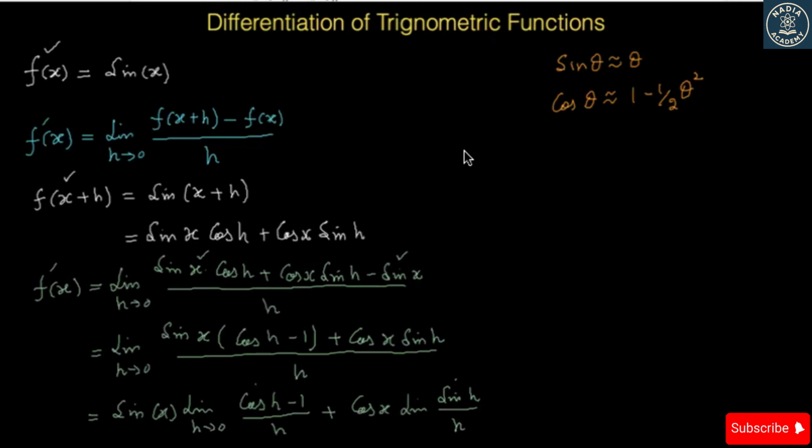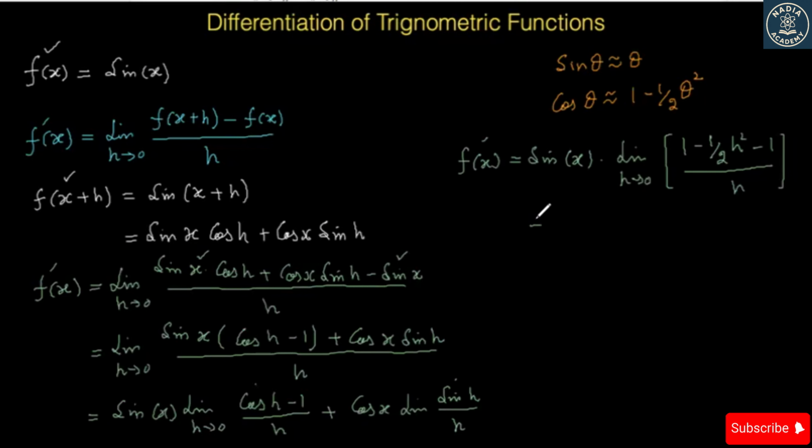and that is the derivative of our function is equal to sin x times the limit h approaches to 0, and here we will have 1 minus 1 over 2 h squared minus 1, divided by h, and the second term will be cos x, then limit h approaches to 0, and we get h divided by h.